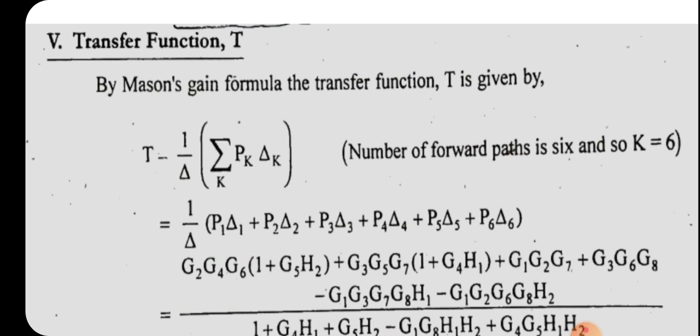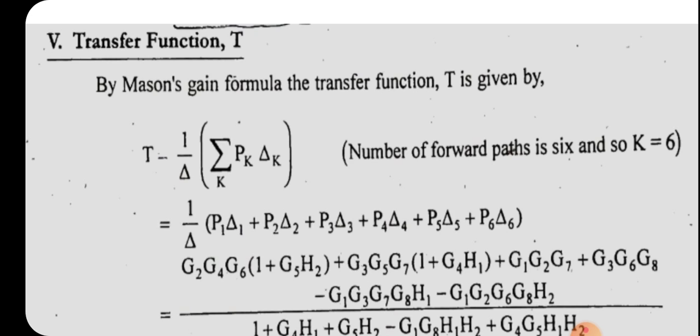Delta is equal to 1 minus the sum of individual loop gains, plus the sum of gain products of all possible combinations of two non-touching loops, minus the sum of gain products of all possible combinations of three non-touching loops, plus and so on. And delta k is the part of the graph which is not touching the kth forward path. So this is Mason's gain formula.